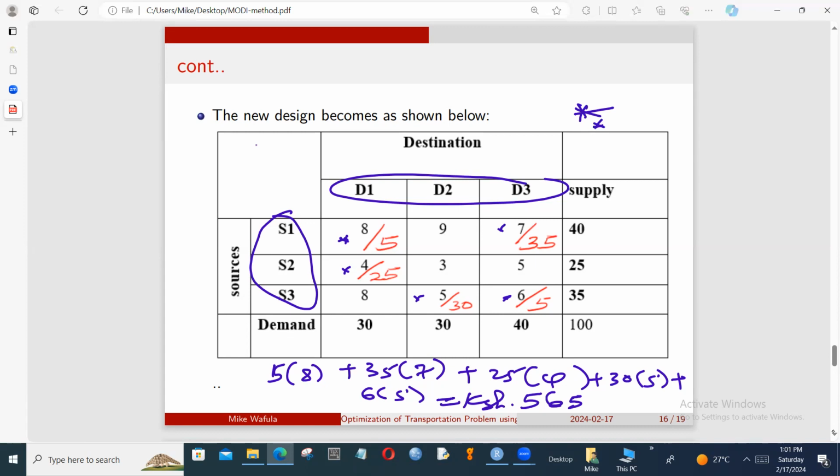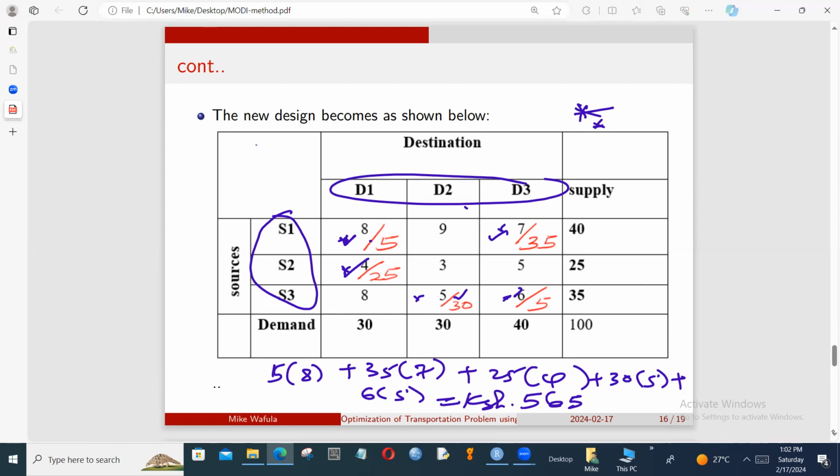And for you to do the test of optimality again, you begin by checking the non-degeneracy condition. The number of allocations is still 5, and the sum of rows and columns less 1 is still 5. So that condition is still holding. Now you need to begin again creating a new set of dual variables.